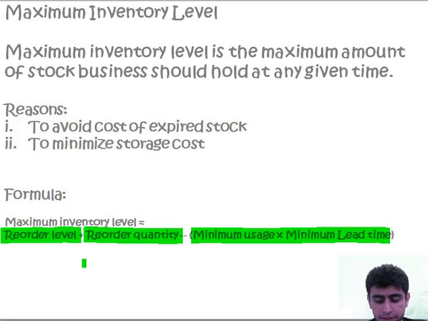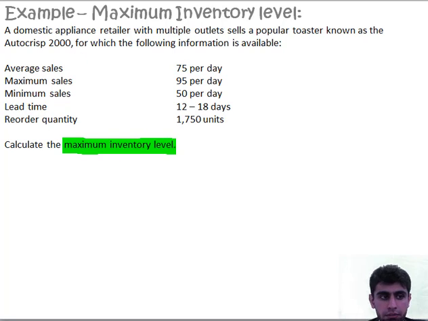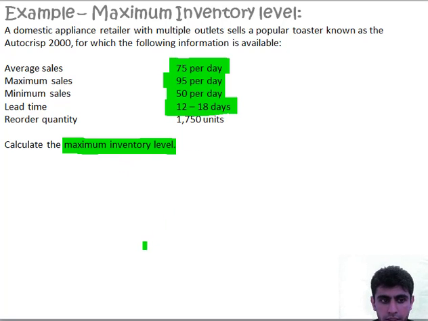We are going to see the same example again. We have the same question, but here the requirement is to calculate the maximum inventory level. We are given the average sales 75 per day, the maximum sales 95 per day, minimum sales of 50 per day. We have lead time from 12 to 18, and we have the reorder quantity of 1750.